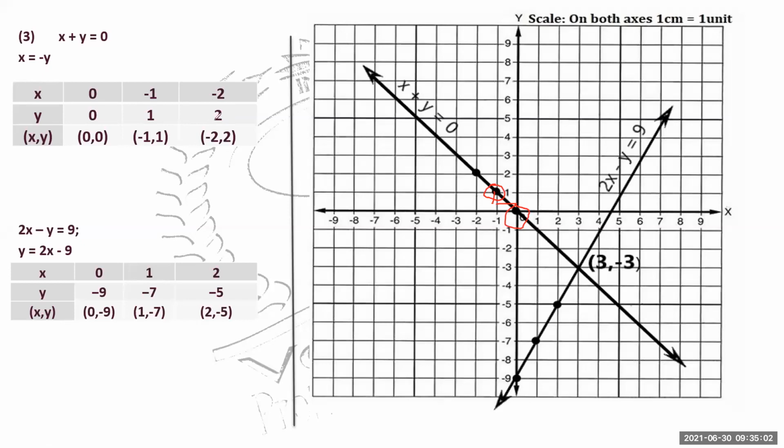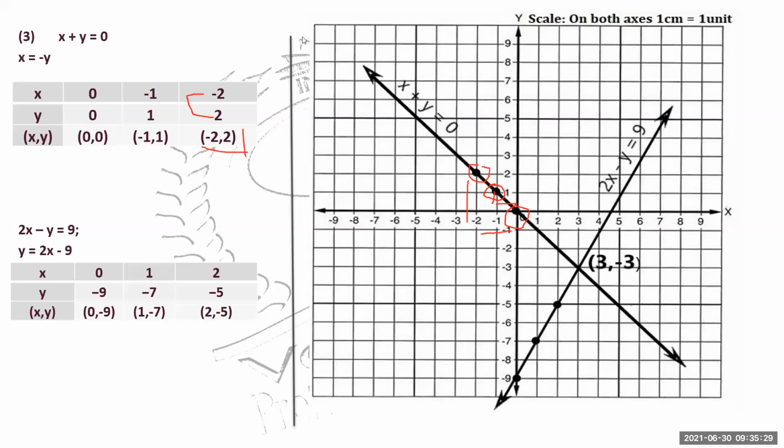Next point is minus 2, comma 2. So move two places towards the negative side, that is minus 2, and two places up. That is the third point. You've got all the 3 points with you.